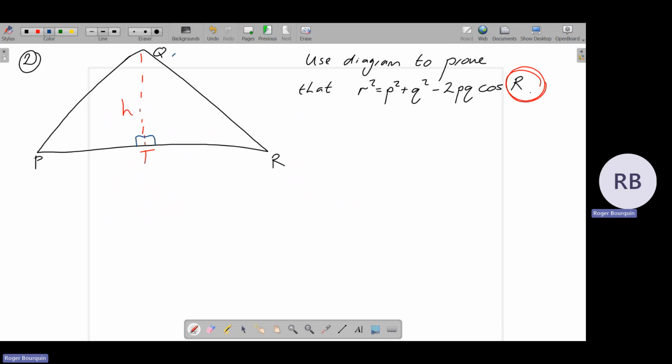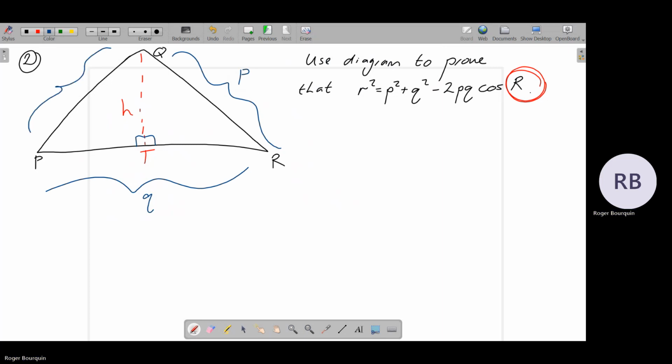What I should have done first is call this little p, call this little q, that little r. Remember, I said always start with the right angle triangle, and we have to use R squared in it. So the right angle triangle that has R squared in it is this blue one over here. R is the hypotenuse in triangle PQT.